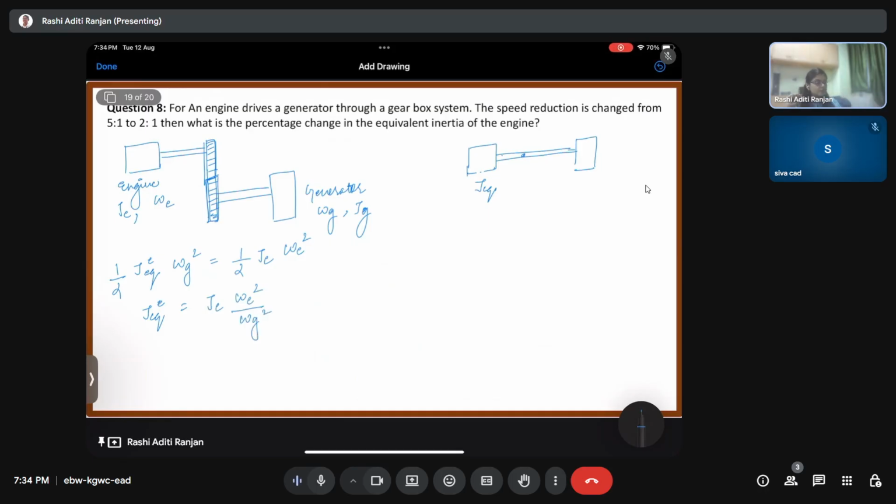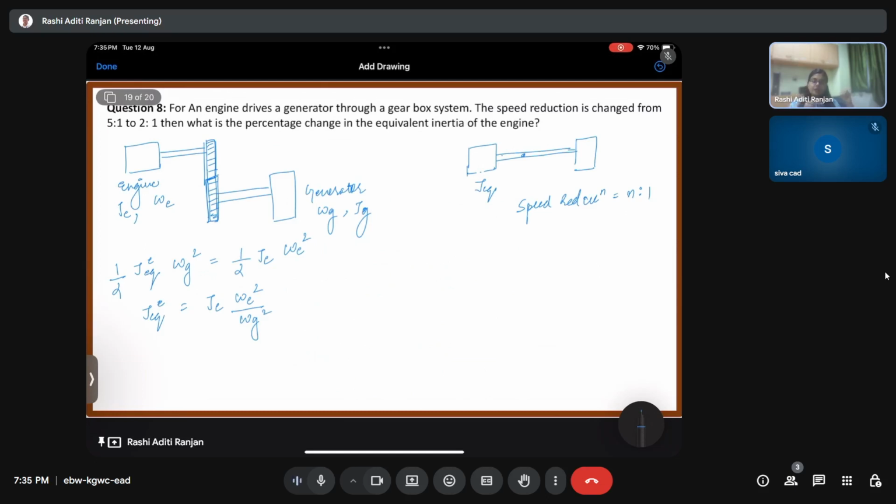Now if we look at the question, it is written that the speed reduction is changed. So let us say that, for now, the speed reduction is n is to 1. Now what does this mean? I have an engine which is driving, and that driving engine is giving power to the generator. The engine is rotating at omega E and the generator is rotating at omega G, and there is a relation because of this speed reduction.